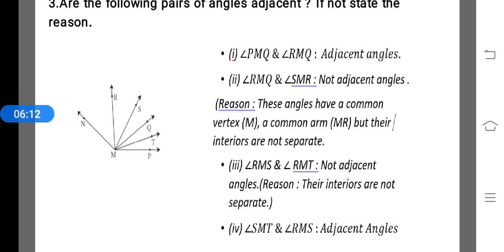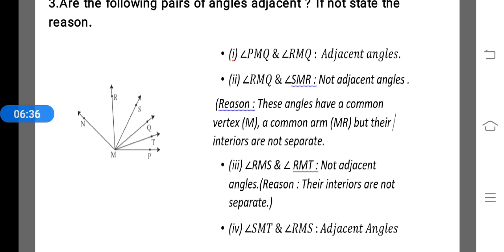Next question. Are the following pairs of angles adjacent? Angle PMQ and angle RMQ are adjacent angles. They are adjacent because they have a common arm MQ and a common vertex M.